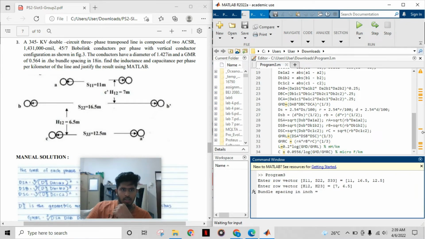Next is the bundle spacing in inches, which is 18. Conductor diameter in inch, 1.427. Geometric mean radius in inches, 0.564.